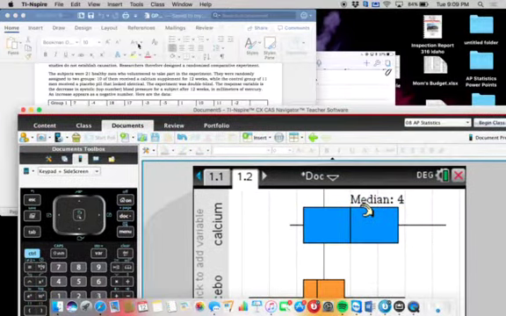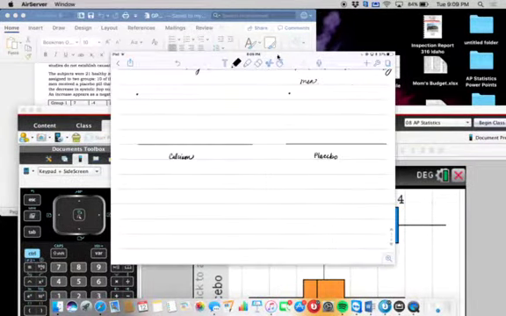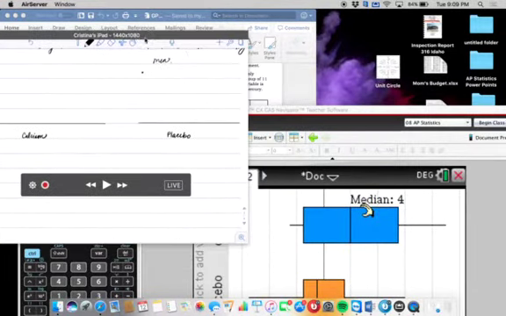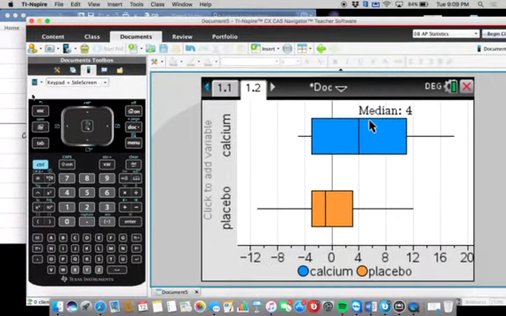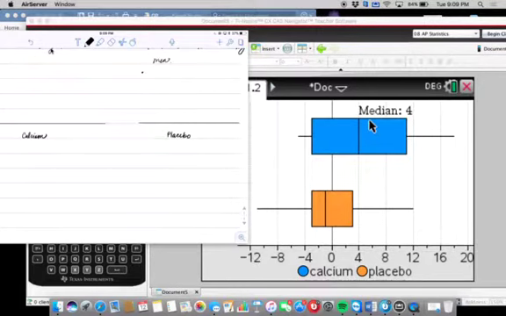Here it is, just trying to make it look pretty. Okay, there we go. I'm going to put my lowest number. Let me see, 0 in the middle. The other one's probably going to have 4 in the middle. Oh, I drew them backwards, my bad.